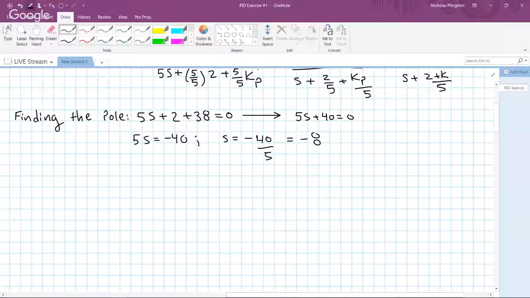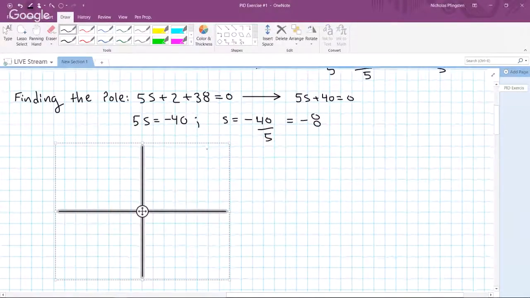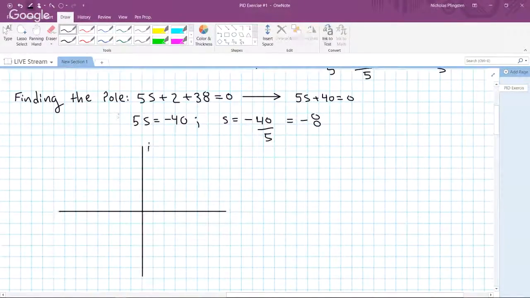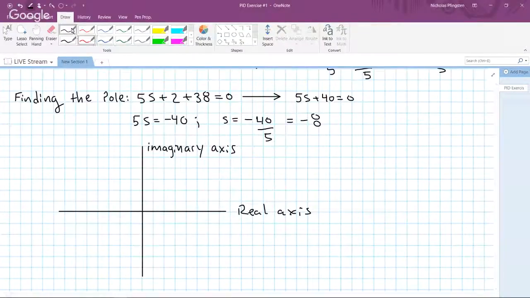So drawing a picture, here it is. We're saying that this is the imaginary axis. This is the real axis. And because this is a real value, we're going to say that the pole's here: negative 8, comma 0.